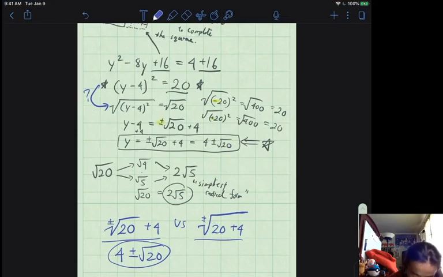It won't let me scroll. Okay, so this is actually saying 4 plus square root 20 and 4 minus square root 20. Yes, it could be either. It could be positive or negative, or you can think about it like plus or minus.